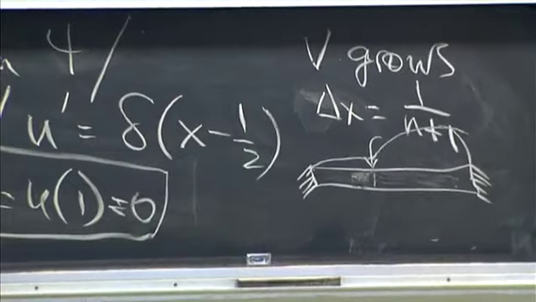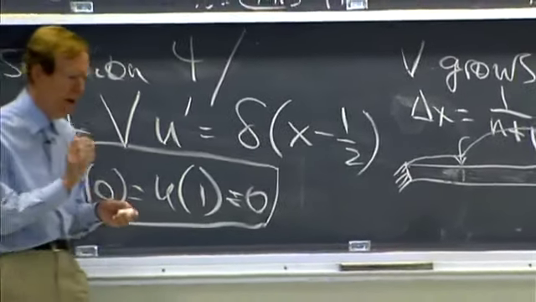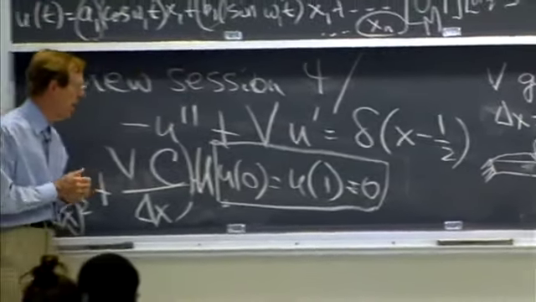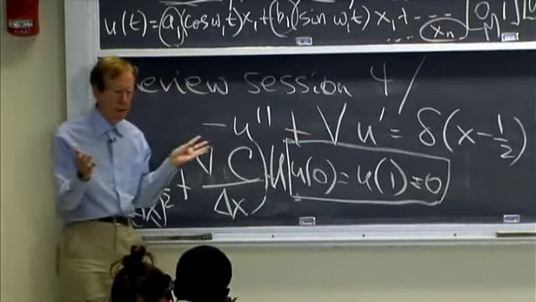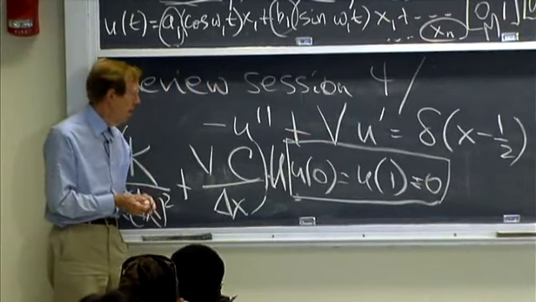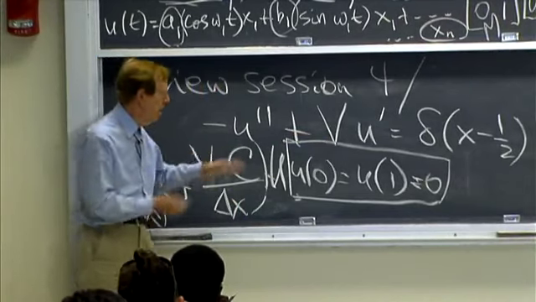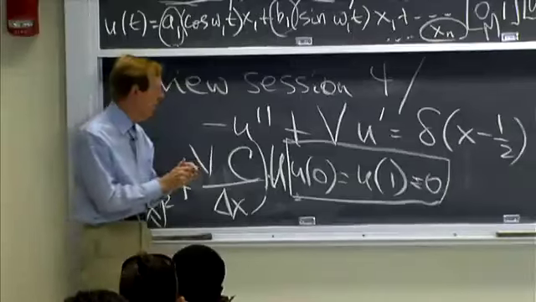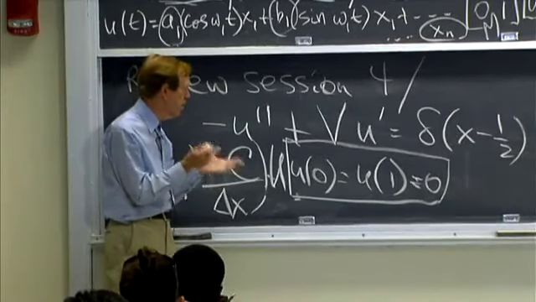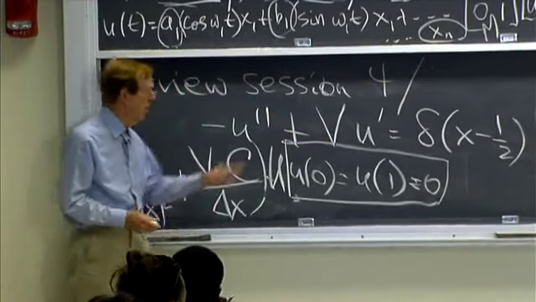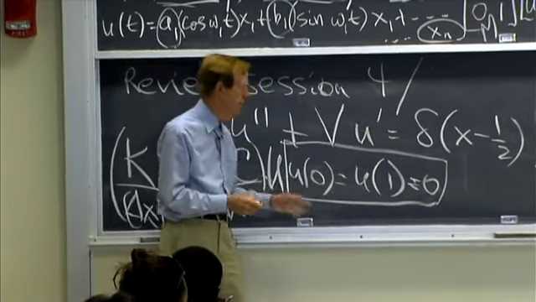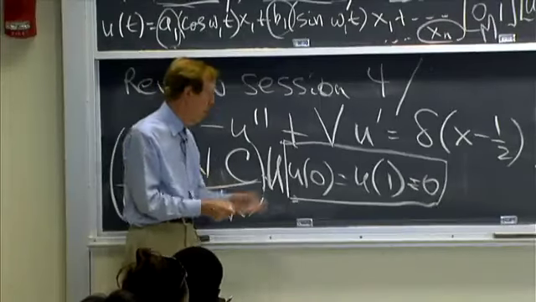It's a strange situation, and maybe I'll take this chance to mention it. What happens as v gets really, really large? You could say, okay, as v gets extremely large, forget that term. This is the important term: v u prime equals the right-hand side, which we could easily solve.